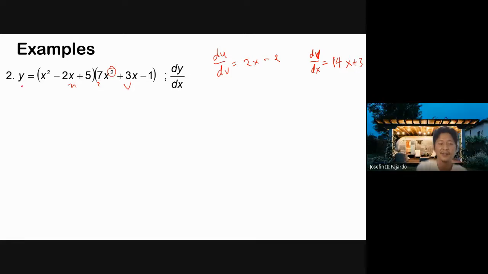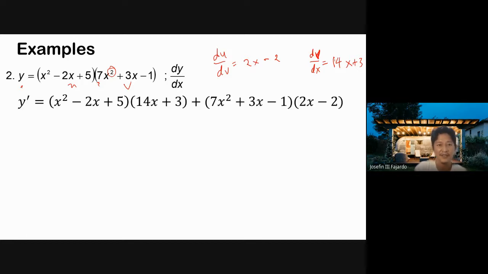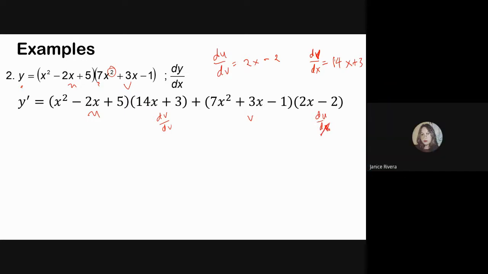So pag ginawa ng derivative ni y with respect to x, we copy the first factor, ito yung u, ito yung derivative nung pangalawa. Ito si pangalawa, derivative nung una. Okay? Sir, wait po, may question po ako.